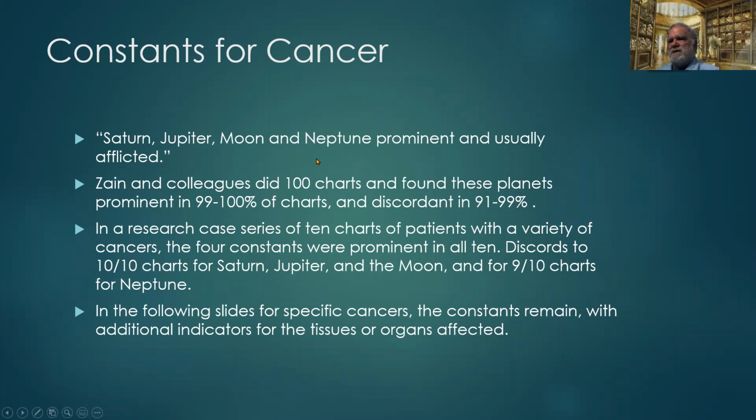Here, just as a basic thing, I took a series of 10 charts of patients with a variety of cancers, different kinds, and those 4 constants were prominent in all 10 of those, right? And remember, our prominence is angular.